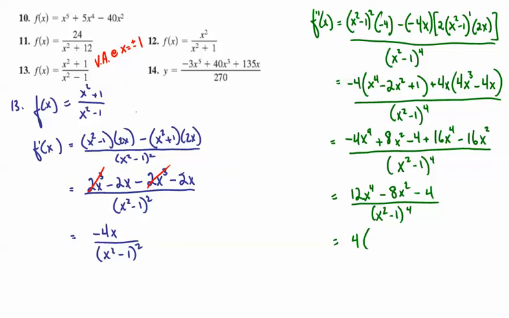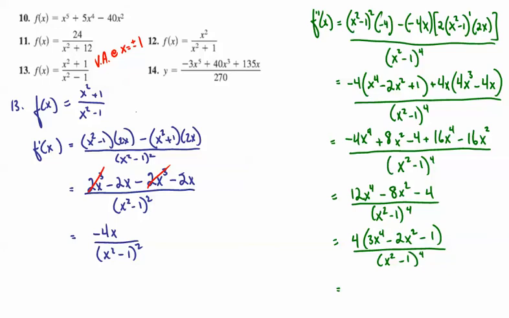Factor out a 4, and that leaves 3x to the fourth power minus 2x squared minus 1 over x squared minus 1 to the fourth power.